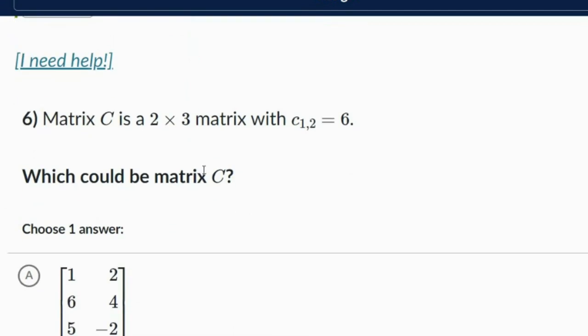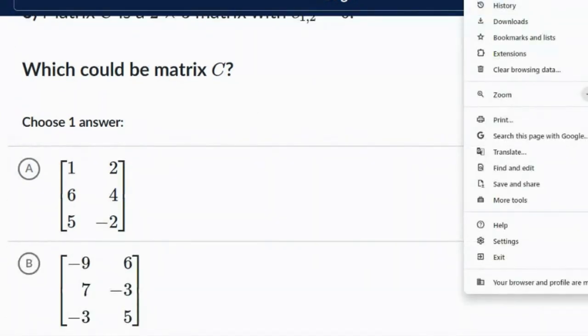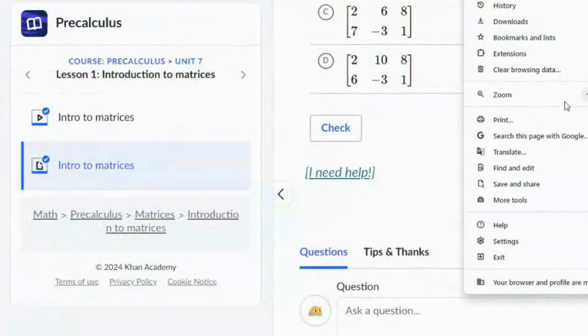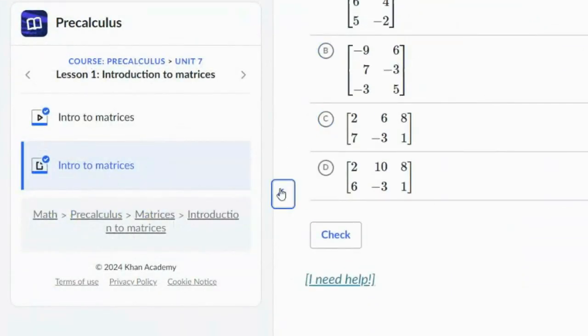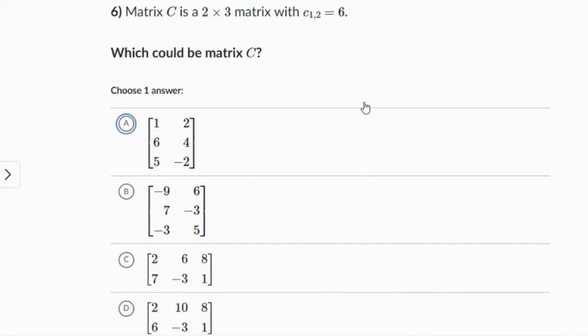All right. If matrix C is a 2 by 3 and C12 equals 6, which one of these could it be? Let me make this a little smaller so we can see more of them on the screen. So if it's a 2 by 3 matrix and C12 is 6, which one could it be? A, B, C, or D?